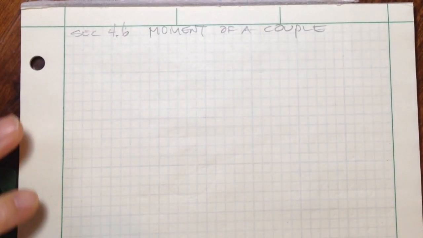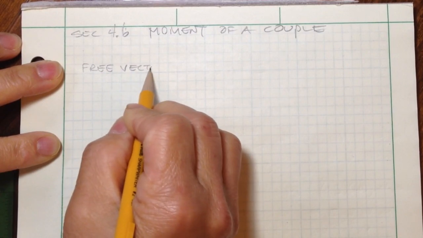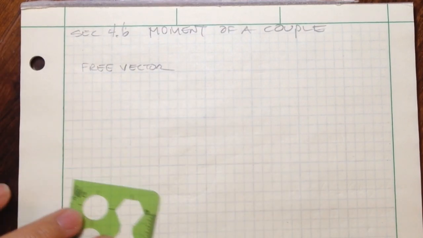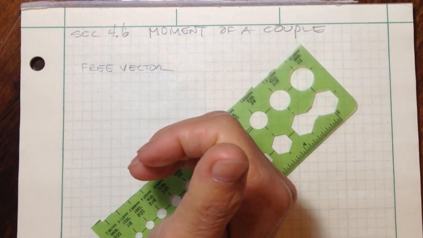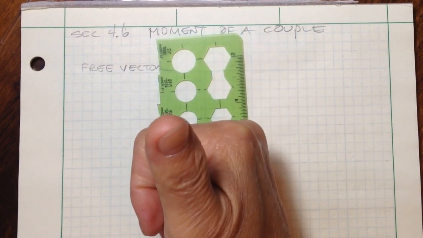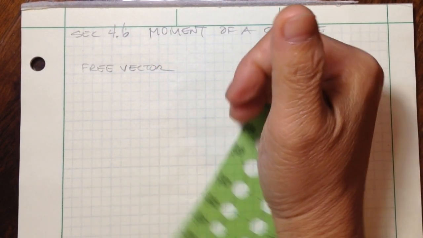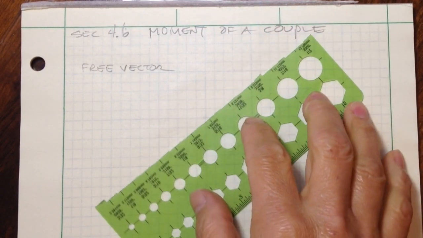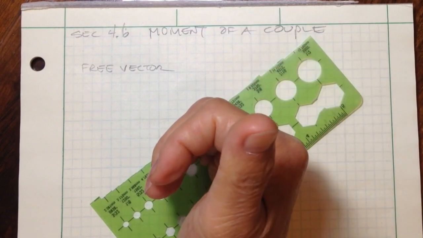Okay, the next concept I want to cover is called a free vector. Let's say I have this ruler here, and if I apply a couple moment, regardless of where I place this couple moment, the ruler rotates the same way, right? So it's right here. And what I'm actually doing is moving my couple moment from here to here.